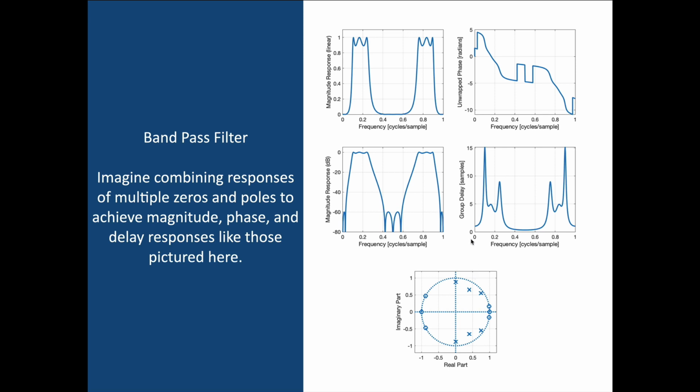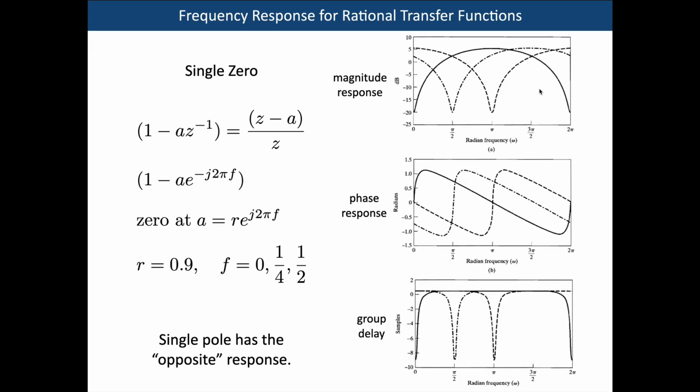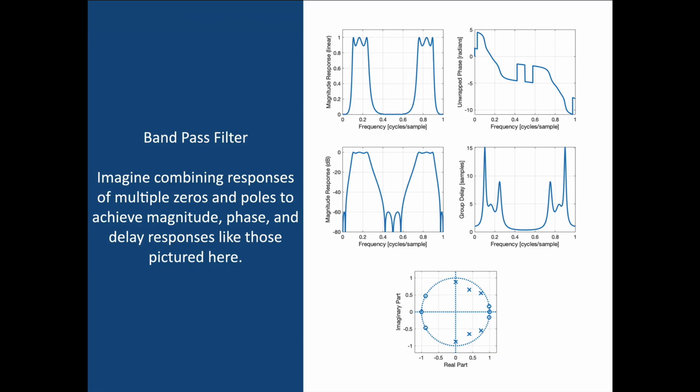So that means if you have sinusoidal components in the input signal near these frequencies, those are going to experience a large delay, whereas frequencies over here are going to experience very little delay. So imagine taking responses like these and combining multiple responses like these to build up the response for a more complicated filter like a bandpass filter as shown here.